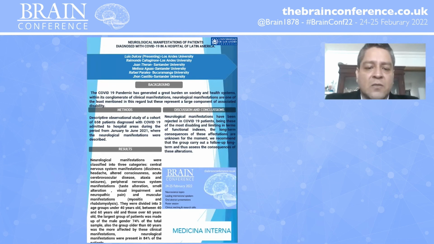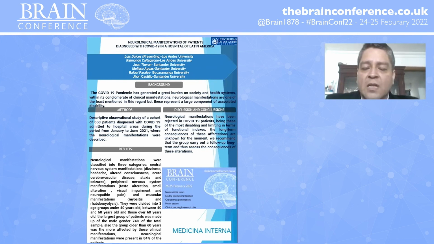They were divided into three age groups: under 40 years, between 40 and 60 years, and those over 60 years. The largest group of patients was made up of the male gender, and the group older than 60 years was the more affected by these clinical manifestations. Neurological manifestations were present in 84% of the patients.